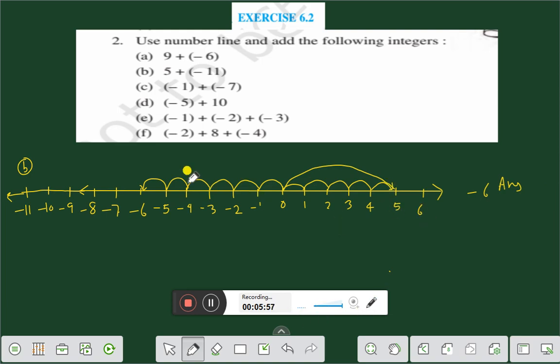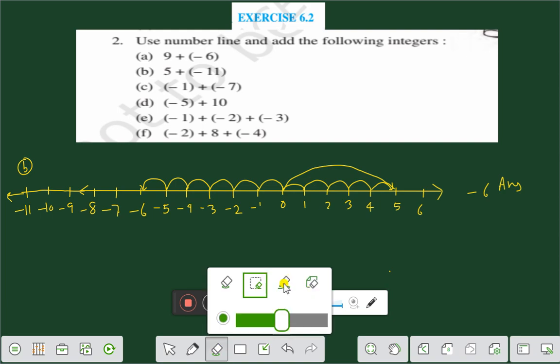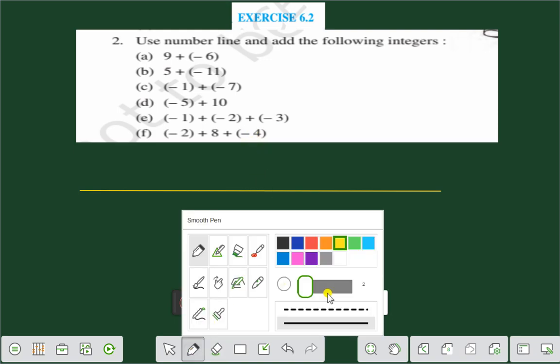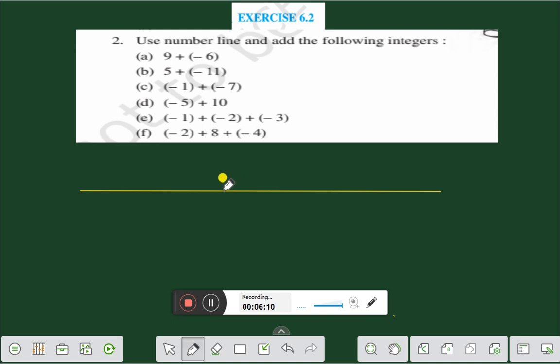Now we will solve question number C. Now here it is a number line. Question number C is minus 1 plus minus 7. Here we have taken 0. This is 1, 2, 3, 4, 5.